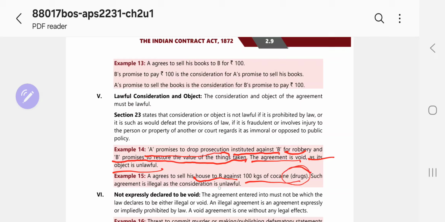Cocaine is a drug. Supplying drugs is considered a criminal thing in terms of law. So if A is agreeing to sell his house against 100 kgs of cocaine, such an agreement is illegal as the consideration is unlawful. It is not a lawful consideration, so this contract has become illegal and void.